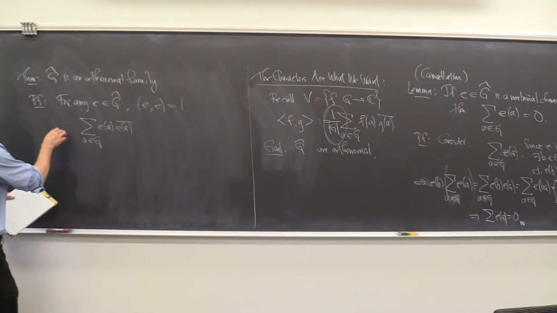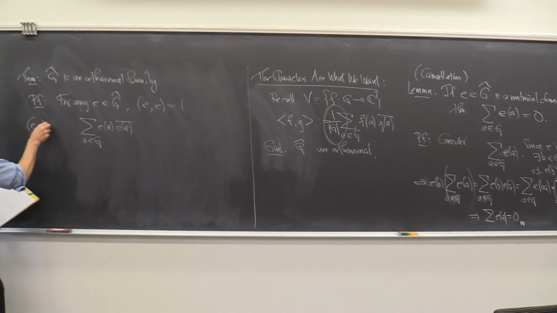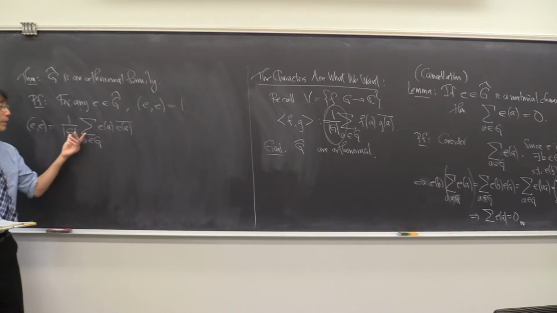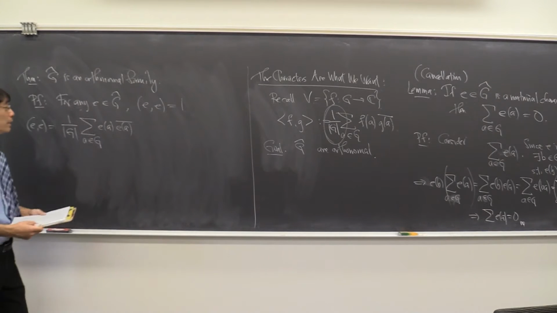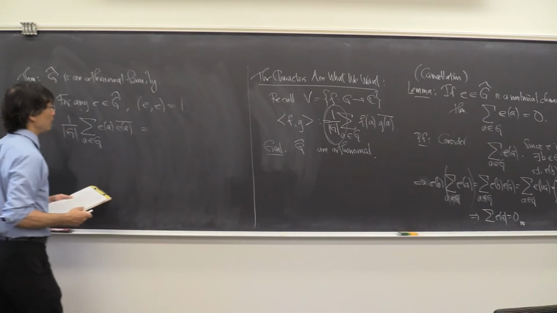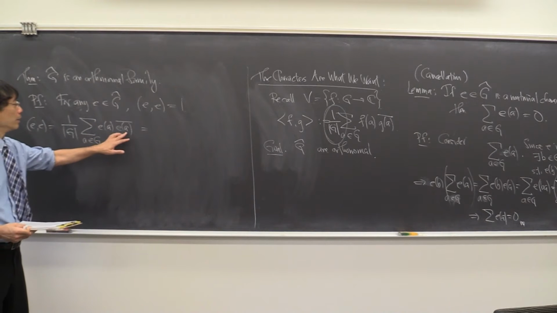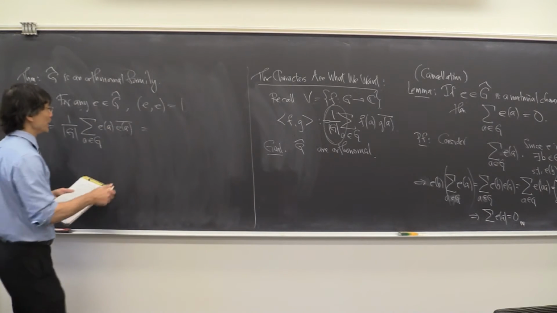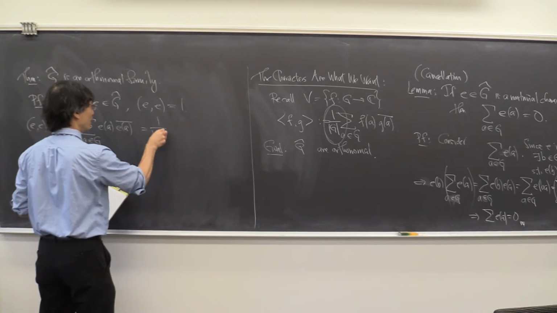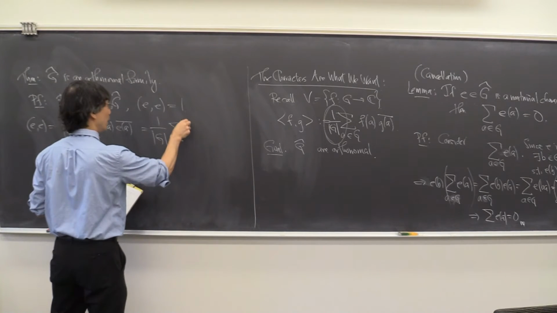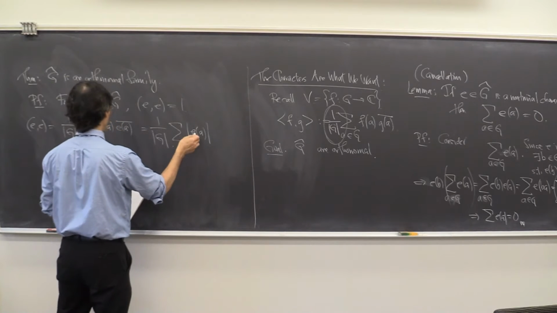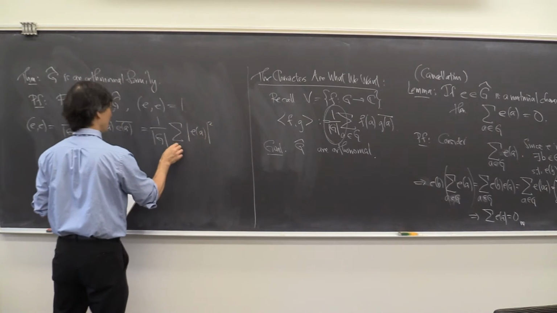Okay. So the inner product is going to be 1 over the order of G times the sum, which is just 1 over the order of G times the norm of E of A squared, right?